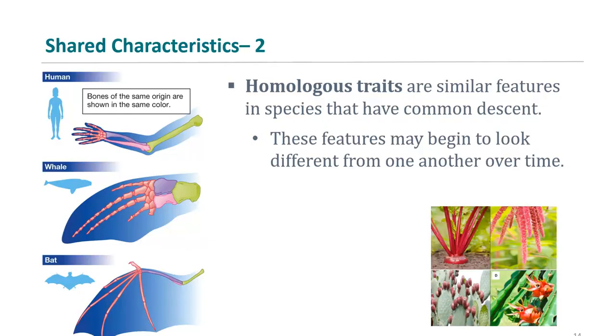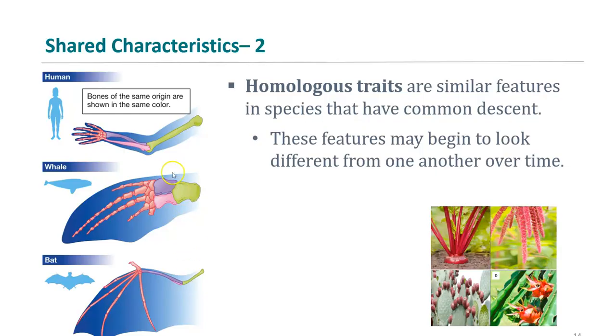These are what we call homologous structures. These are features that are similar in structure due to having a common ancestor, but these structures may serve different functions. So related species evolve different adaptations based upon their environments.